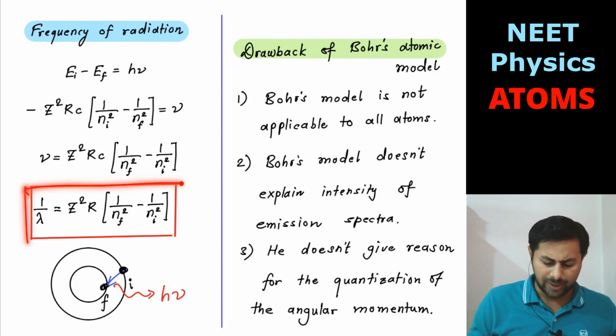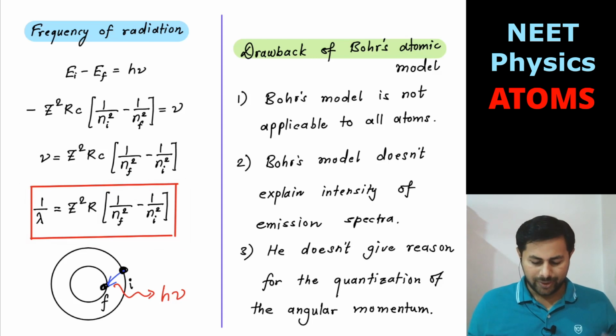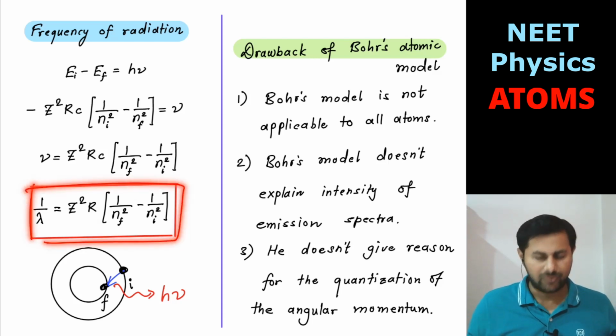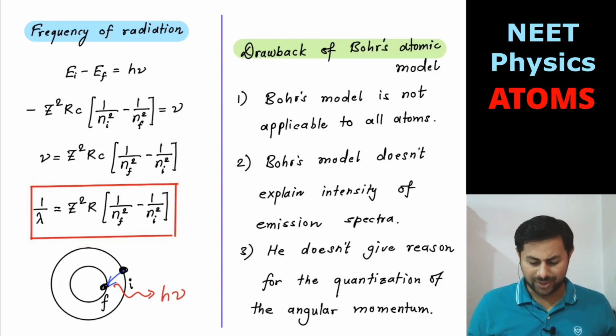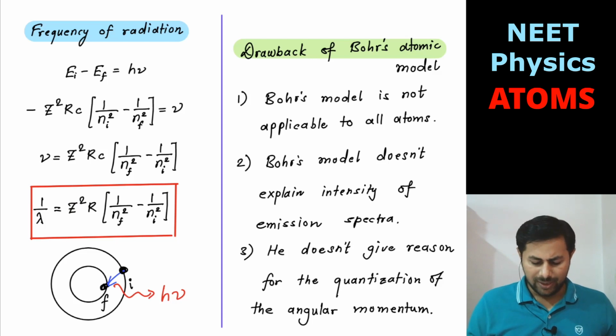You need to remember this formula, okay? We had seen a similar formula for the hydrogen atom only. This is the formula which is applicable to any alkali atom. What's the difference? We just have this Z square in multiplication with this term for the hydrogen atom, right?